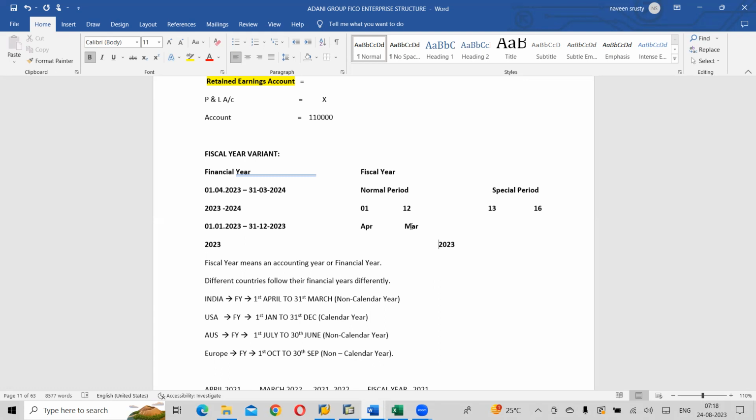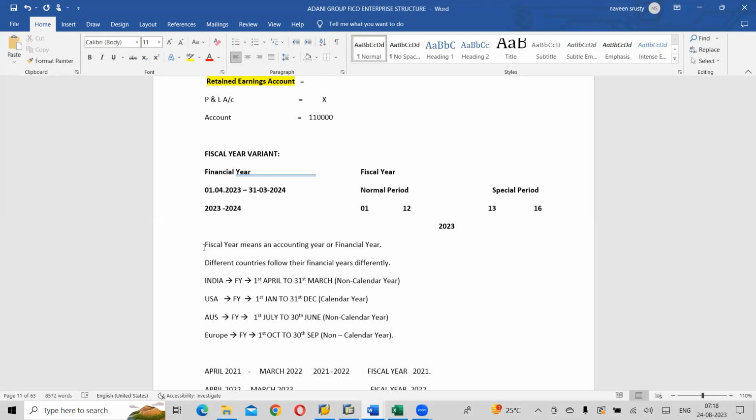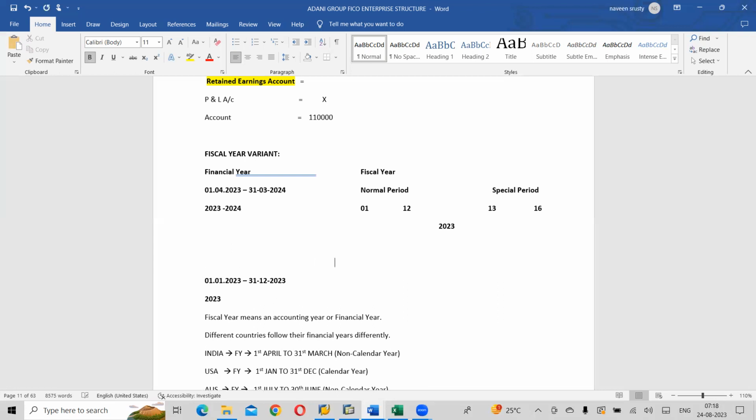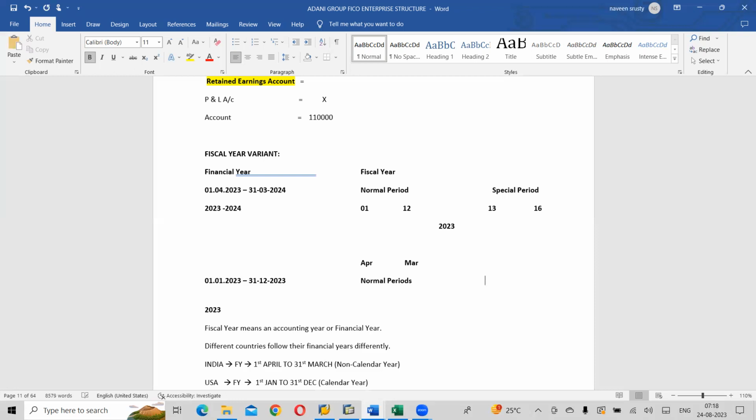Is that clear? But when it comes to the US fiscal year, again, they will have the same thing. Normal periods, special periods.